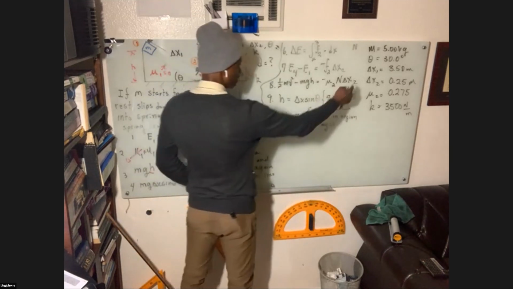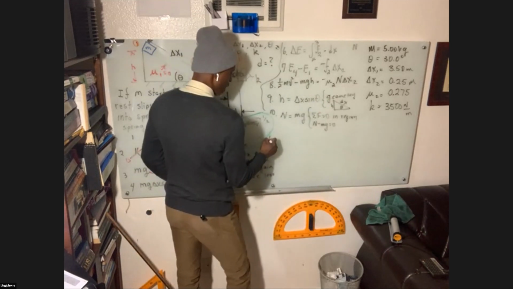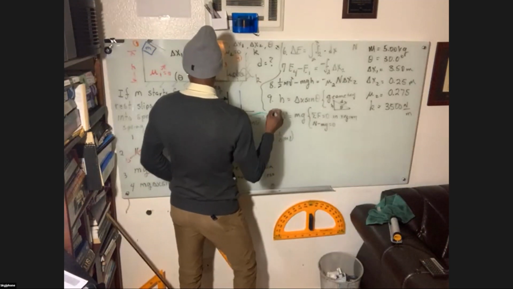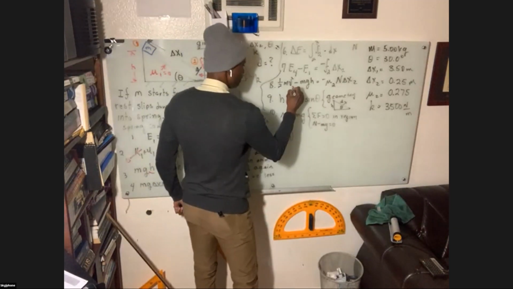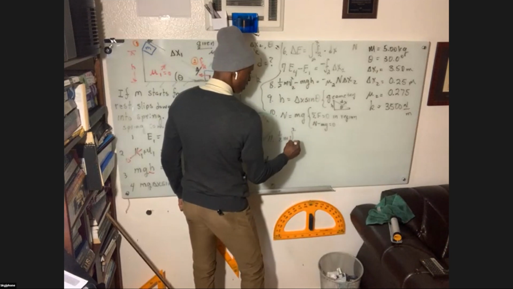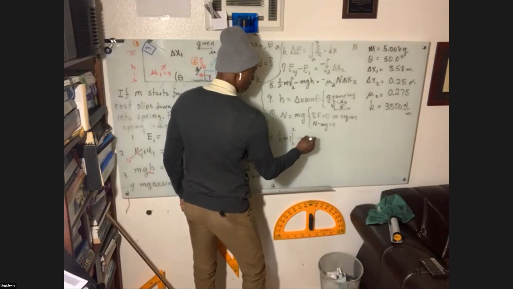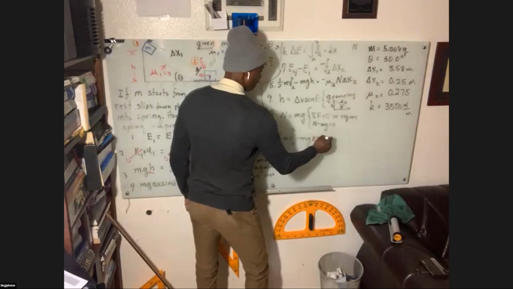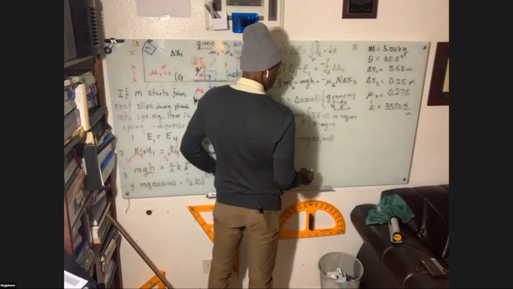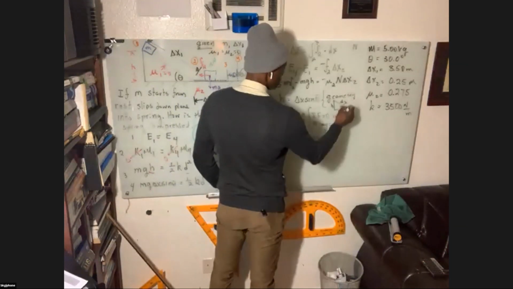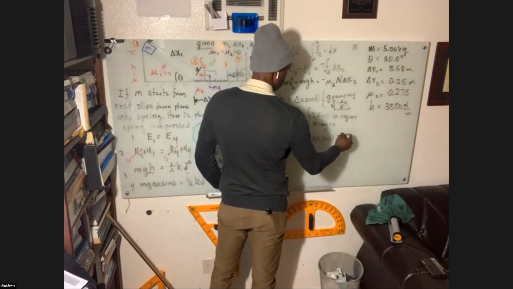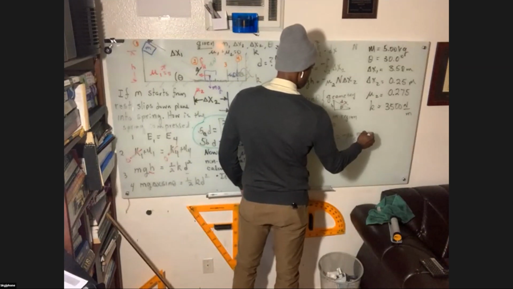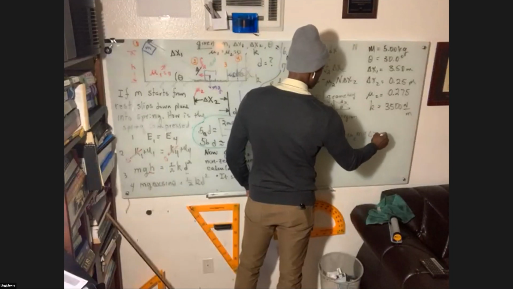So we stick those into these, and we now have 1/2 mv. And I guess this is still mv squared, so we have to distinguish: 1/2 mv2 squared minus mg delta x1 sine theta, and then equals minus mu2 mg delta x2.